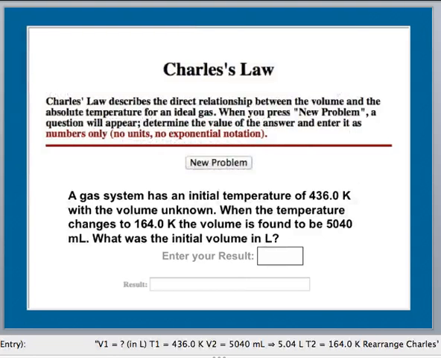Our final temperature is going to be 164 Kelvin. So we're cooling it, aren't we? If we cool it, we expect our volume to decrease. Our final volume is 5,040 milliliters. We're looking for our initial volume. Problem says liters, so we're going to have to divide what we get by 1,000, or simply convert this to liters.